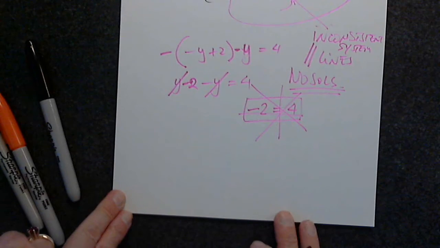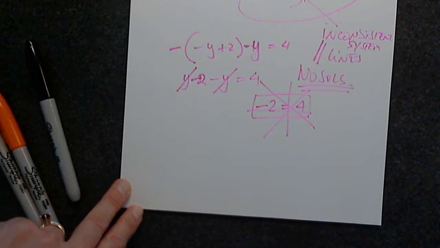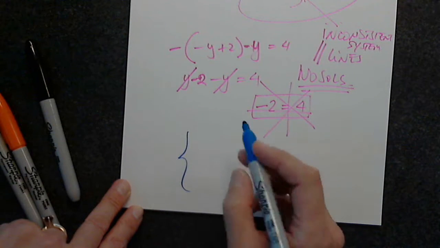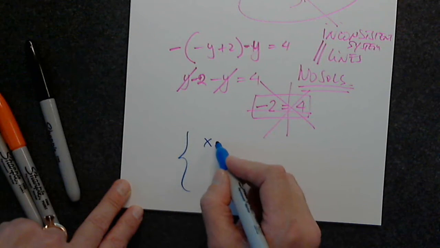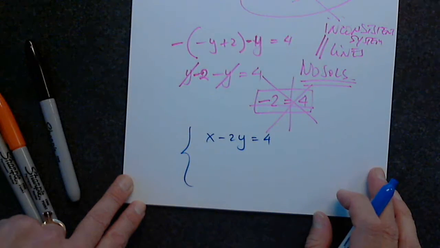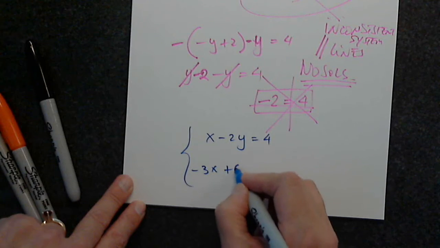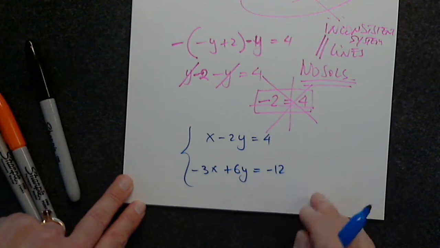Let's also look at one more, and then we'll look at the adding or the elimination method and some word problems. So let's say we have x minus 2y equals 4 and negative 3x plus 6y equals negative 12.